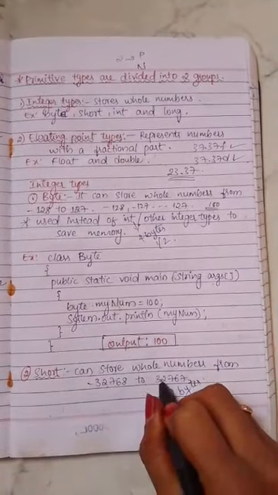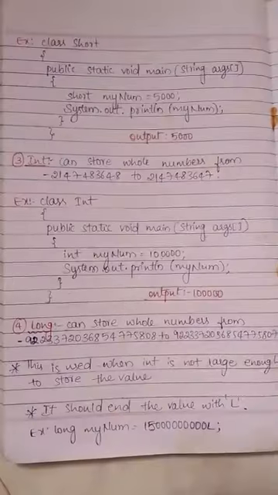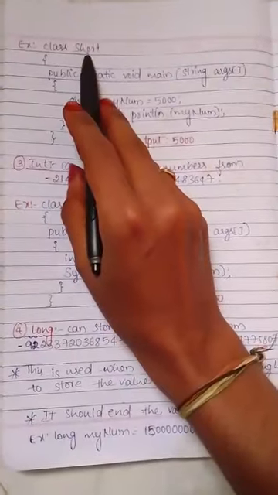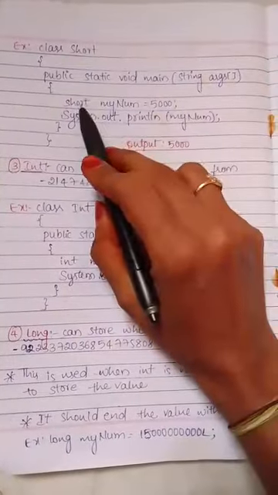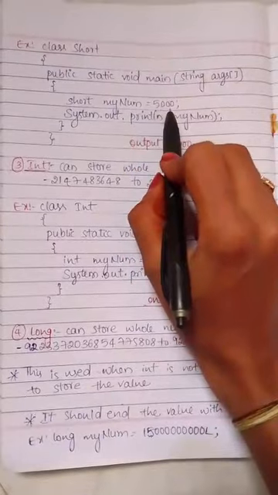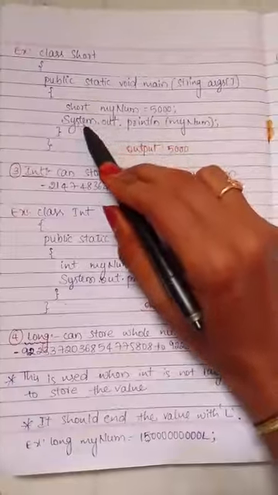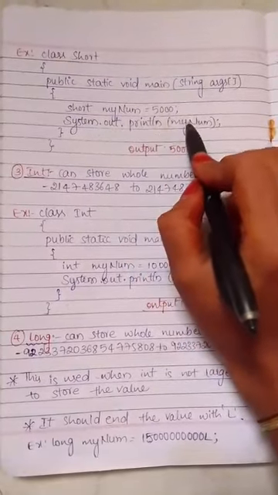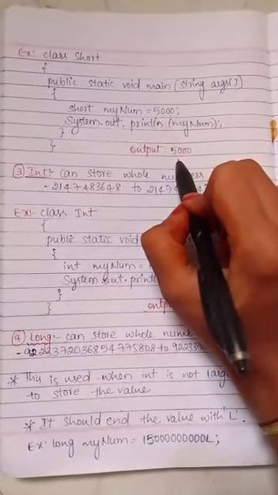This is the range. From here to here, I can store in short. For example, class short, public static void main string args, short myNum equals 5000. I can easily store this in short. And System.out.println myNum will print the output as 5000.